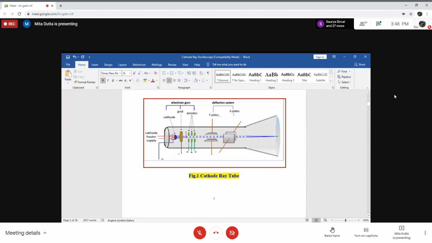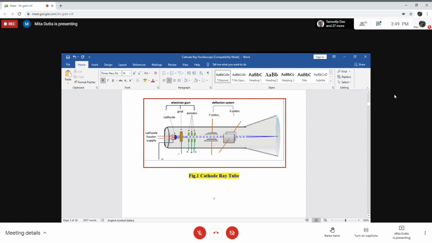The first anode will be at positive potential with respect to the cathode, and the second and third anodes will be kept at higher potential than the first anode, with the third anode at a much higher potential. That means the voltage of the second anode will be lesser than that applied to the third anode.